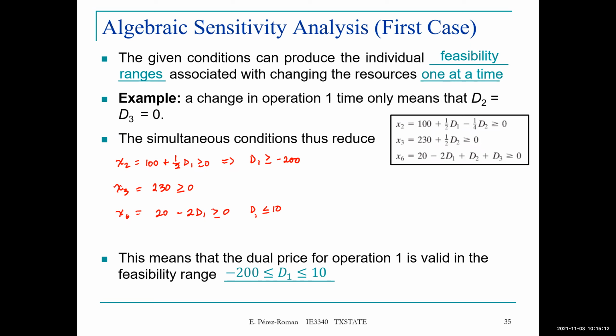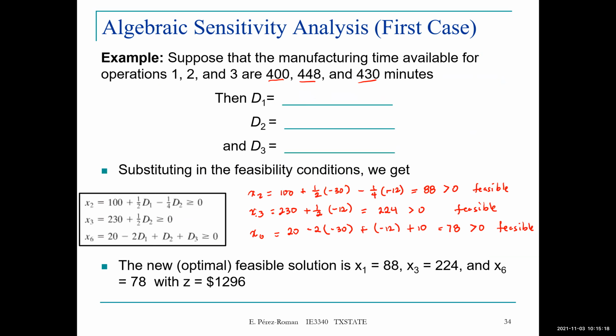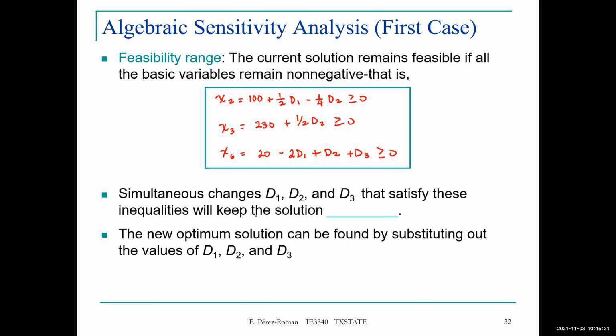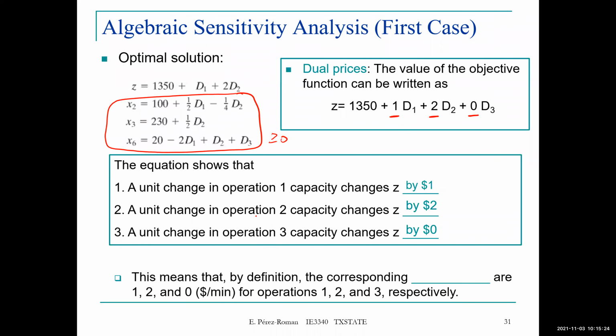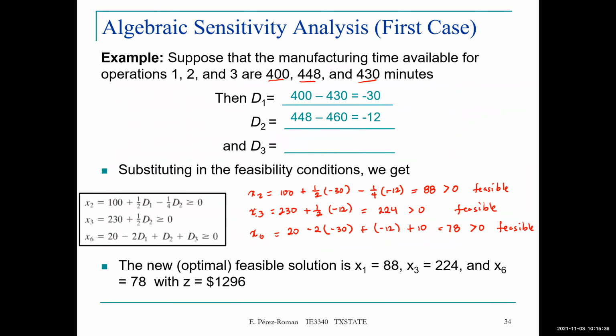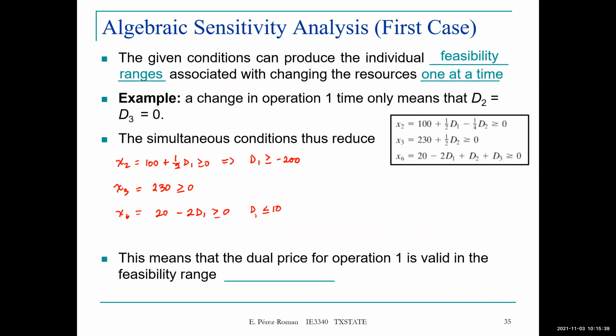That dual price, if you remember, was defined here: the unit change in operation one capacity by increasing D1 by 1 unit. So that is going to be feasible as long as D1 is between these bounds. You can increase it to 1, 2, 3, 4, 5, up to 10. If you increase it to 11, it's not going to be valid anymore. It's going to make your problem infeasible.